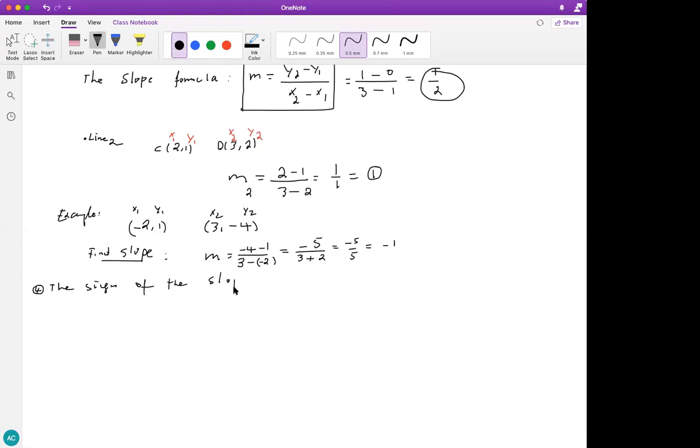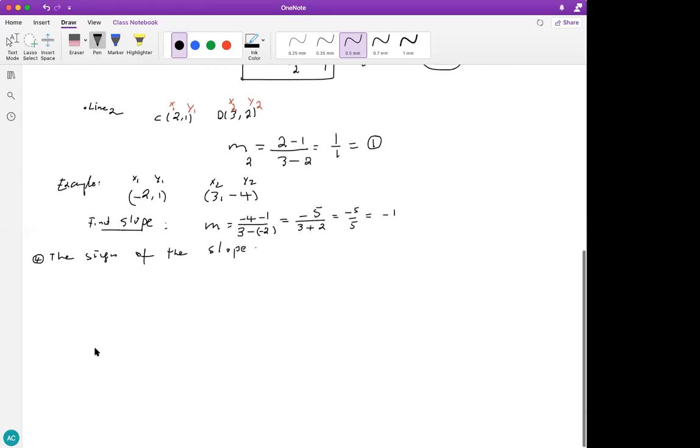So there are four cases you might see with the slope. Let me make 4 graphs here, 4 cases or 4 possibilities.